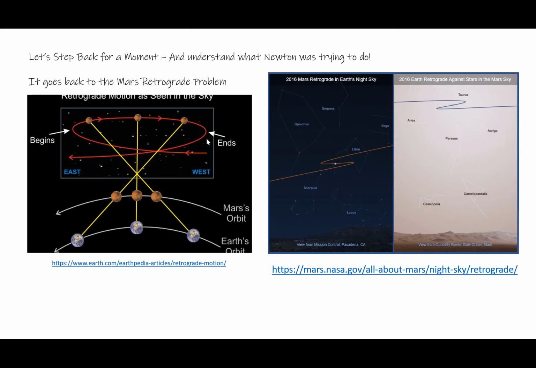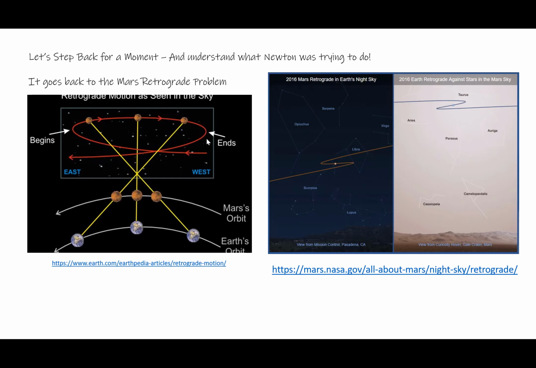So, I want to take a step back for a moment, because really, where did these three postulates come from? Why was Newton even thinking about it? In your course videos, there's the BBC video about Newton, so you can go back and look at it and see how that worked. But let's think about why these three postulates came.